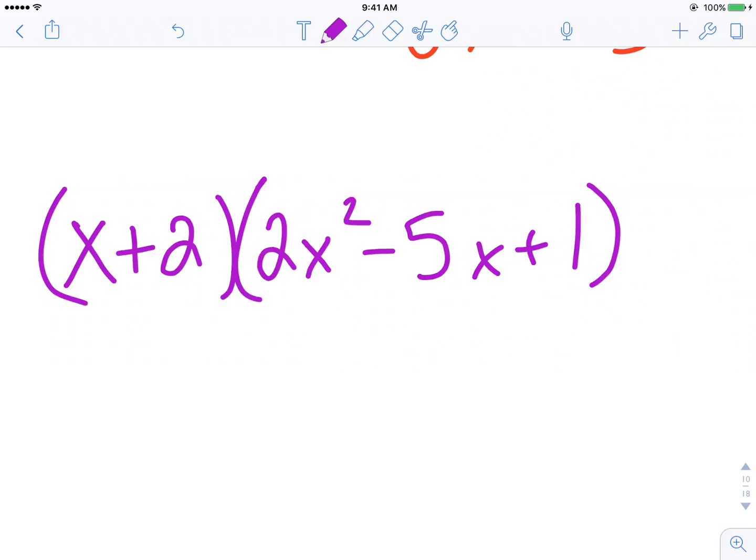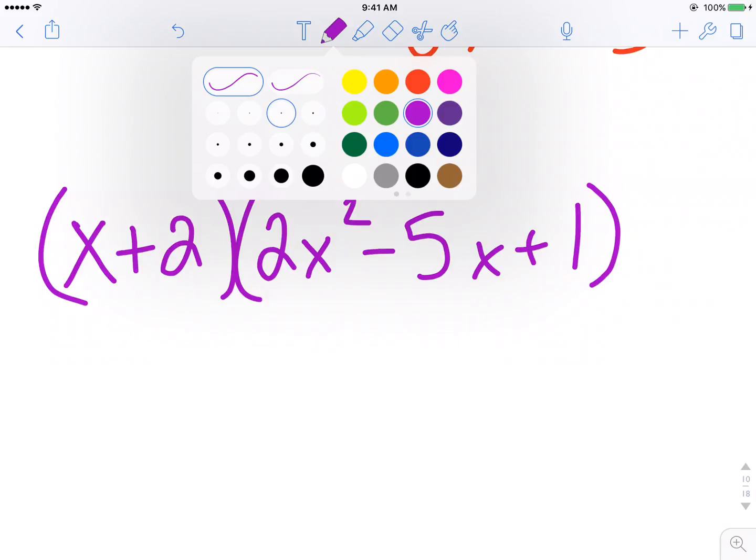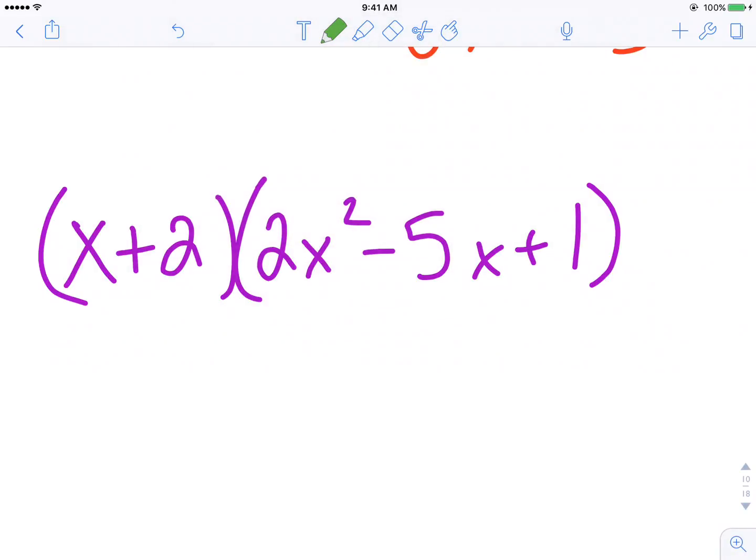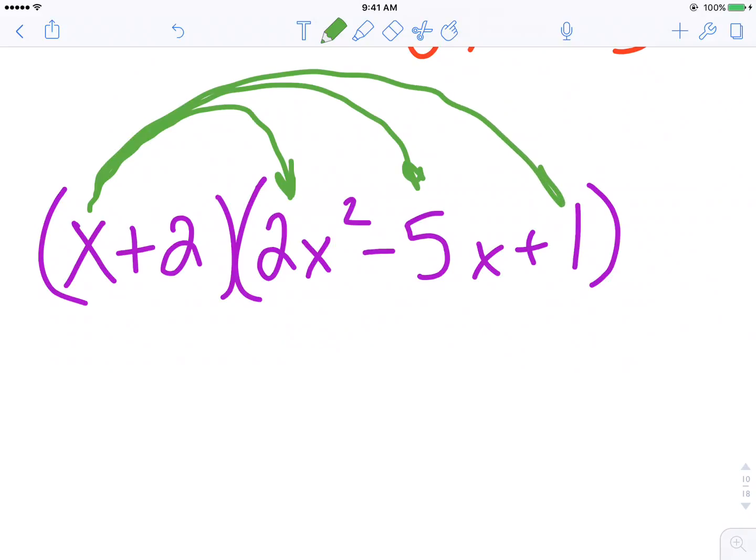I might want to try and save myself the step of rewriting that out to show the distributive property. So in my head, I'm thinking, well, the distributive property really is taking this x and multiplying it by this, and by this, and by this, and taking that 2 and multiplying it by the 2x squared, and the minus 5x, and the 1.